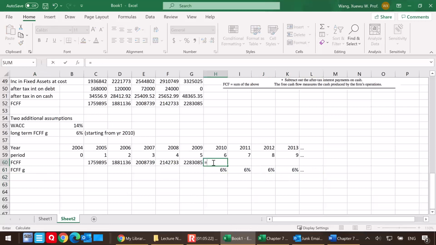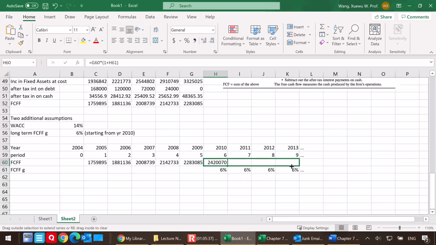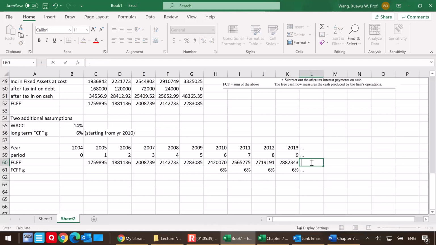So apparently, I can look at the free cash flow in 2010, which is the free cash flow for 2009, multiplied by 1 plus the free cash flow growth rate. Okay, so I can copy this across, just like what we did for the dividend discounted model. All right, you have starting dividend, you have the dividend growth rate. Yes, you can calculate all the future dividends.